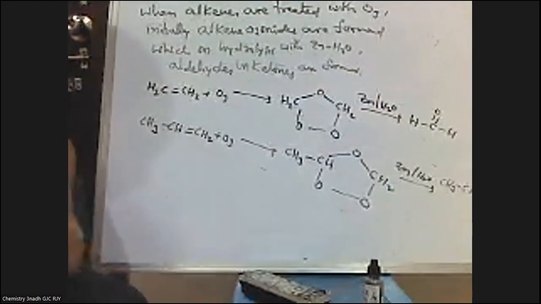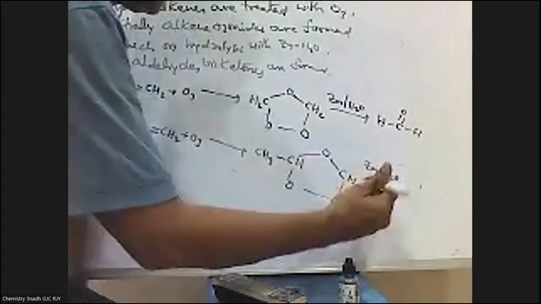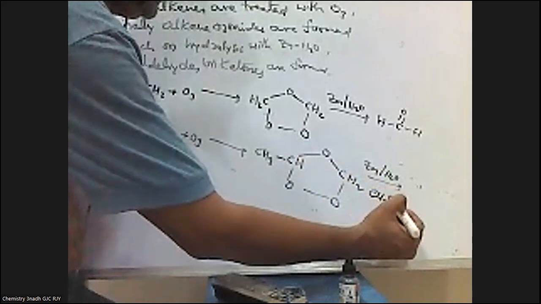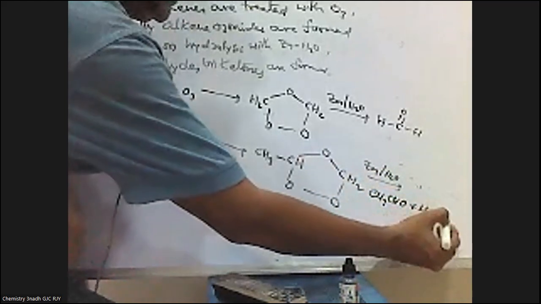So here these are the products: CH3CHO plus HCHO. So this is the ozonolysis reaction.